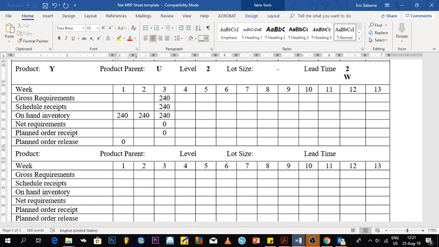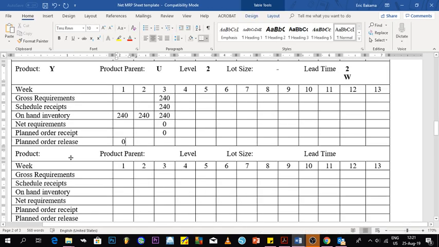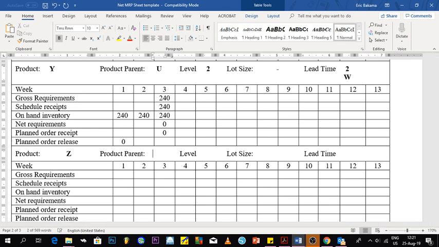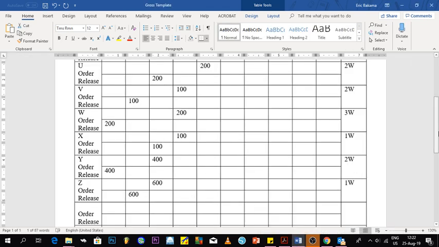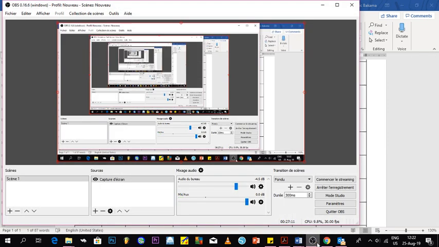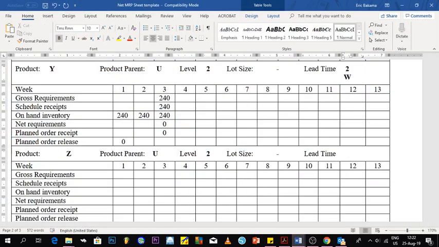Then the last item is item Z. We have our Z here. That is coming straight from U, with 3 items, on level 2. Lot size is empty, and the lead time is 1 week.